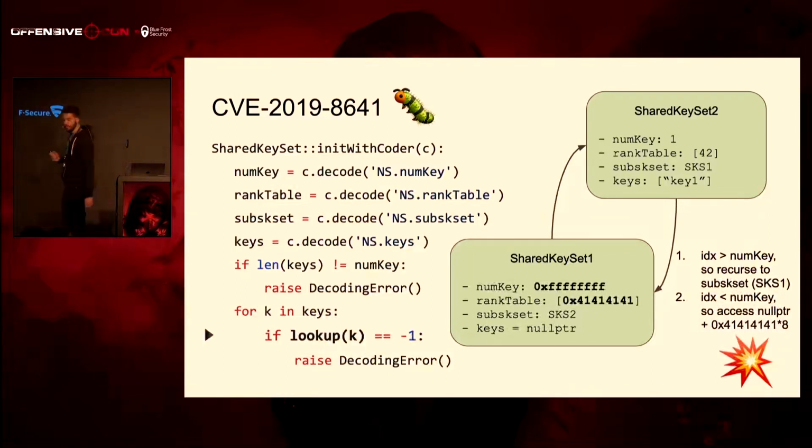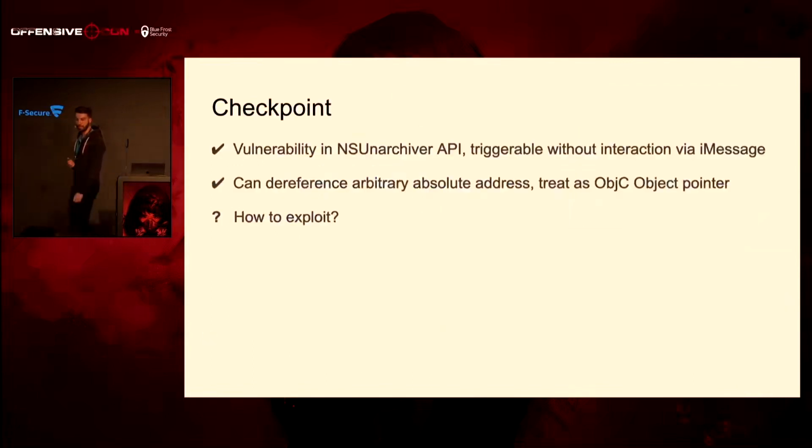So we recurse to shared key set 1, and now all of a sudden, here we have a memory corruption because now this invariant doesn't hold, right? numKey is hex FFFFF. So it thinks this keys array is gigantic, but really it's a null pointer, and so we can access an arbitrary address and have that be used as an Objective-C object. So that's the bug. It gives us an arbitrary address dereference, and that's what we're going to exploit now.